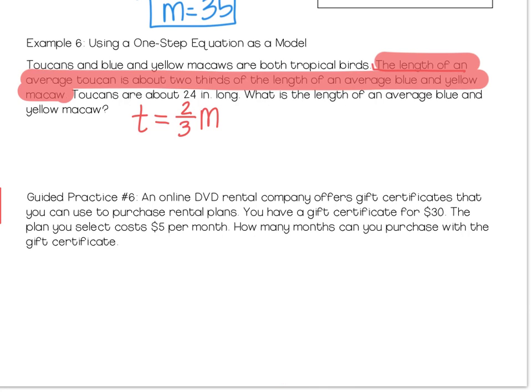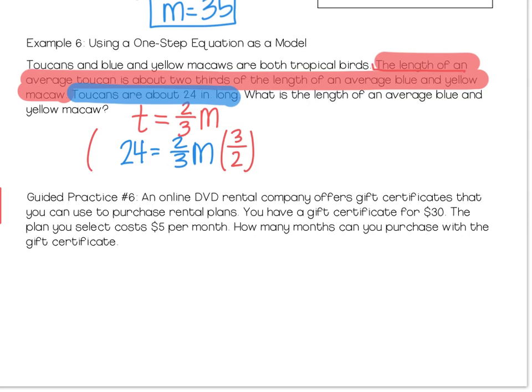Then they tell you, and I'll highlight this with a different color, that toucans are about 24 inches long. So instead of T, we're going to replace it with 24, and we have an equation. Now, in the equation, we're multiplying by a fraction. The best way to solve those equations is to multiply both sides by the reciprocal. So I put the bottom on the top and the top on the bottom.